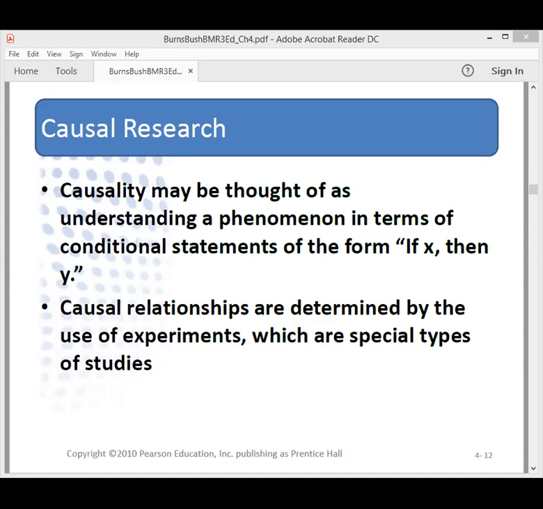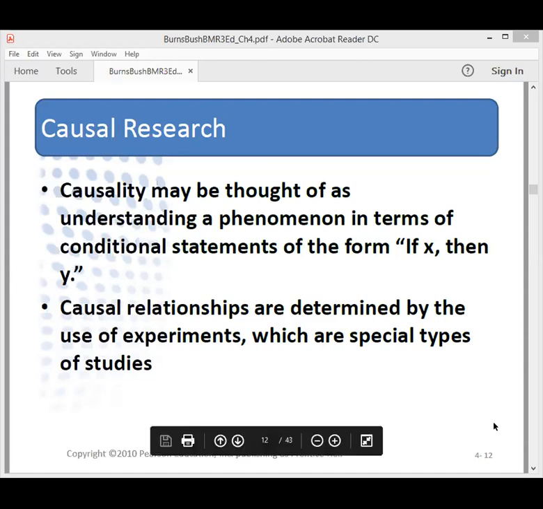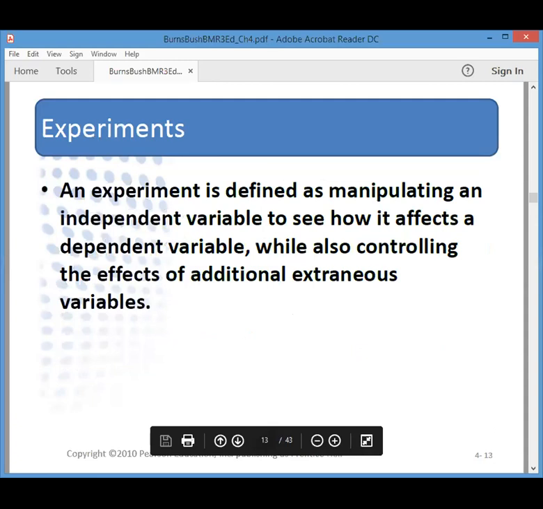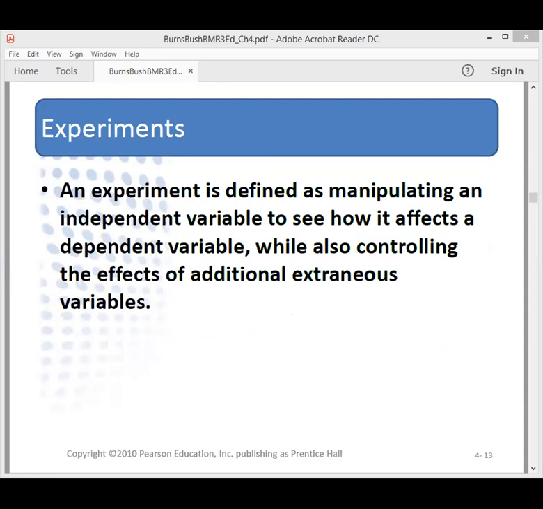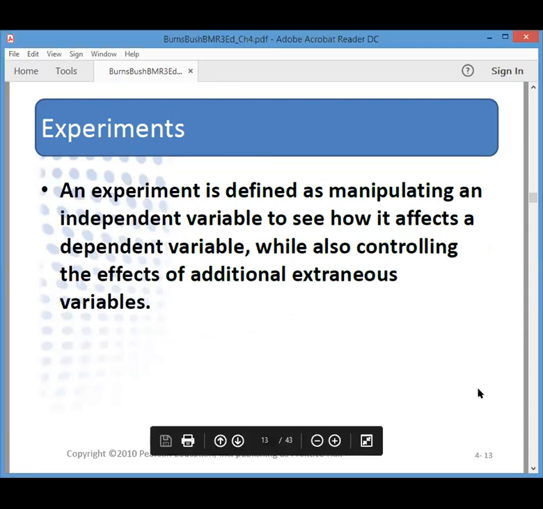So we use experiments to validate or to conduct causal research. And an experiment is defined as manipulating an independent variable to see how it affects a dependent variable. At the same time, we have to control the effects of extraneous variables.